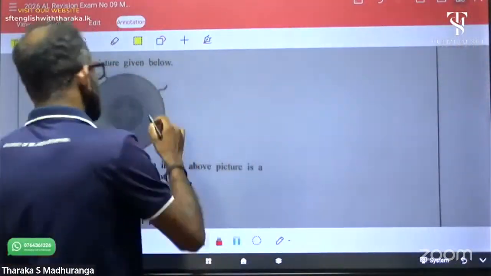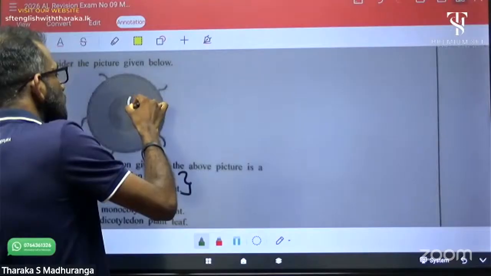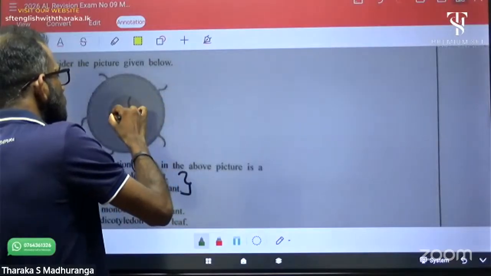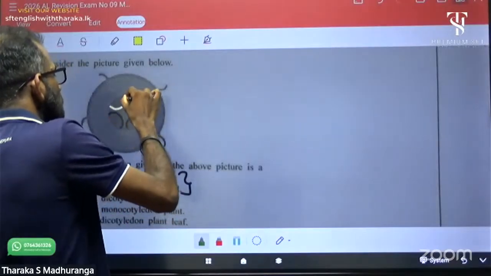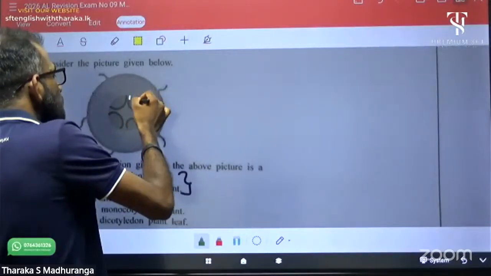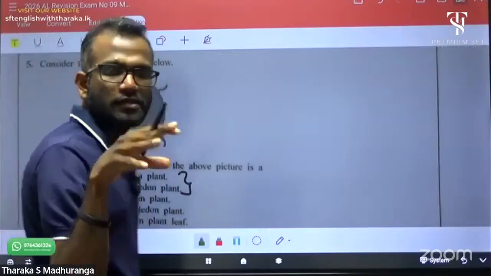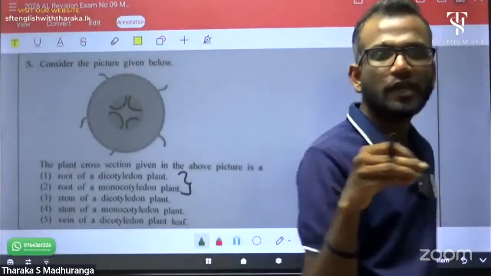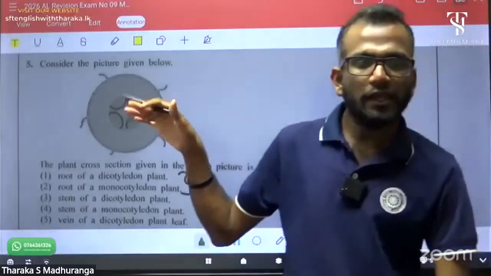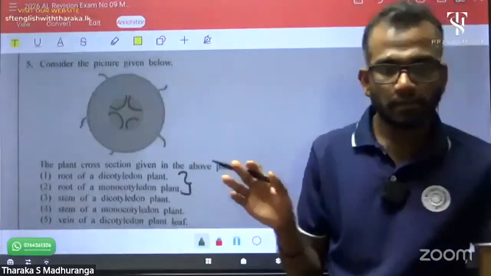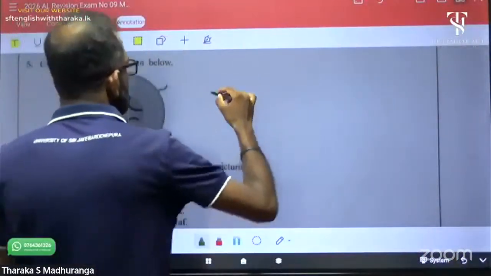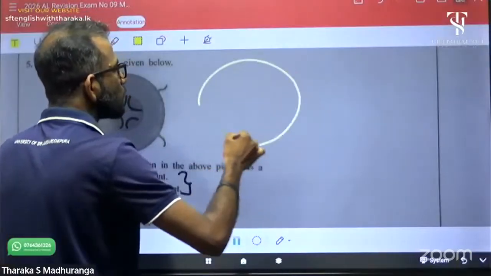How can we identify the dicot plant? Inside the pericycle, you can clearly see this normal star-shaped phloem. Star-shaped like this. It is definitely dicotyledons. What is the structure of monocot?